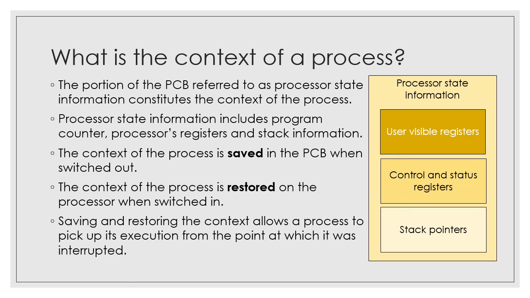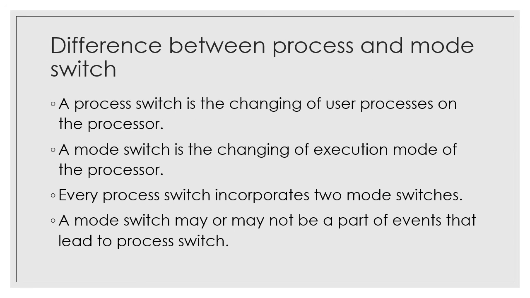Saving and restoring the context allows a process to pick up its execution from the point at which it was interrupted. A process switch is therefore the changing of user processes on the processor. The processor is stopping execution of one user process and committing itself to another.